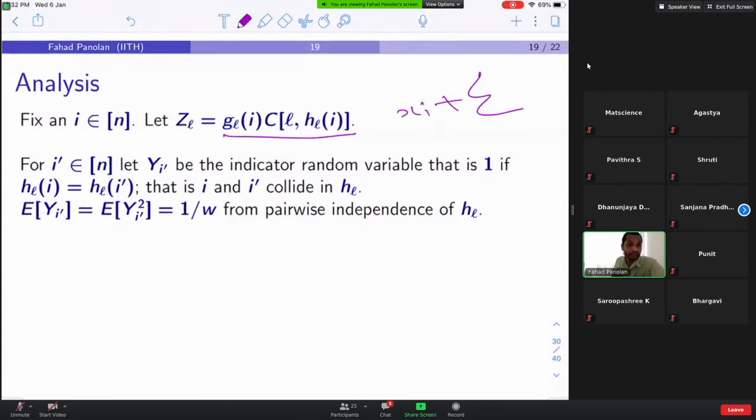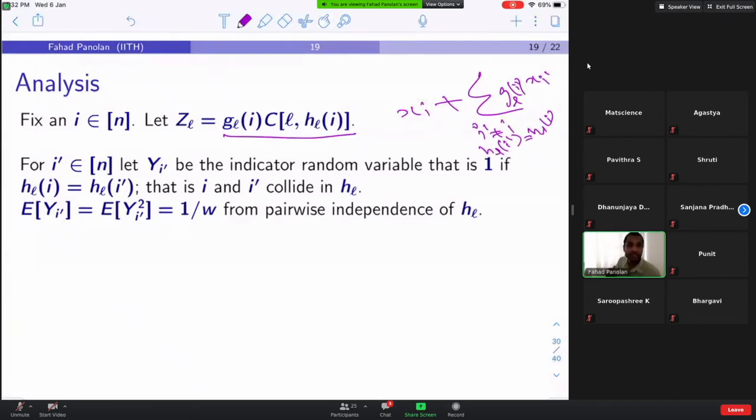Now I know that this is x_i plus something, and how does that something work out? It is the sum over i prime not equal to i with h_l of i prime equal to h_l of i, where the value x_i prime will be added positively or negatively based on how g_l acts on it, right?